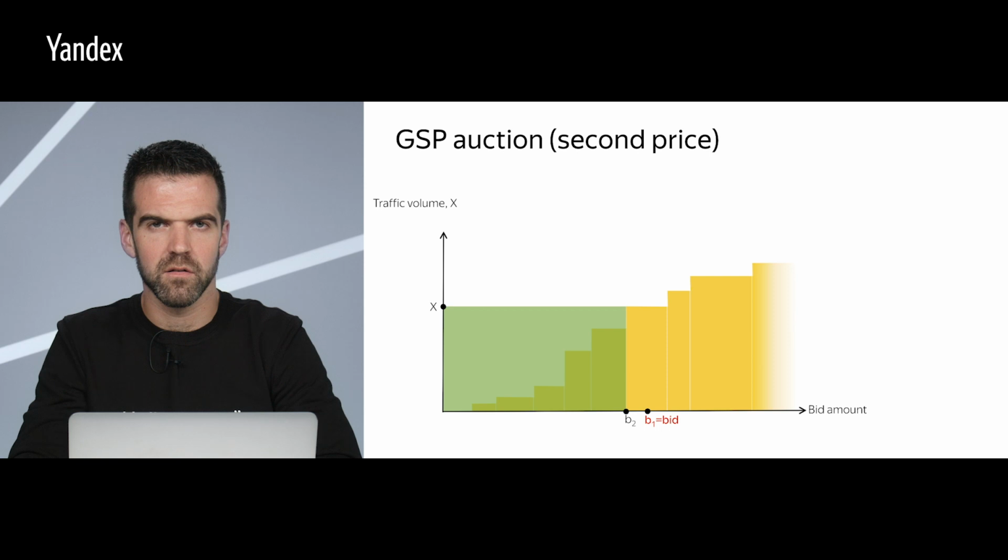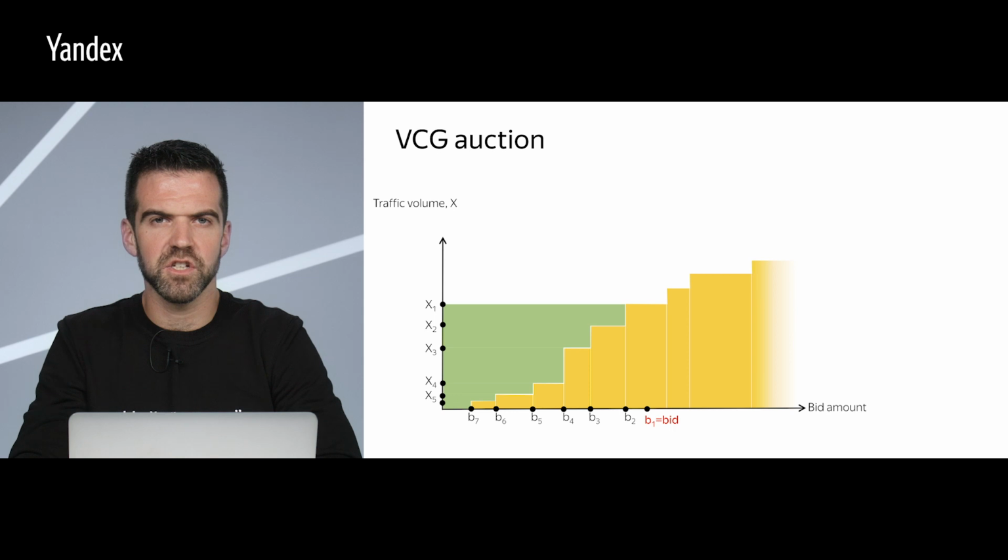The higher the bid, the more traffic the advertiser receives. The advertiser sets a bid with a value of B1, and in the second price auction, the click price is determined by the bid of the nearest competitor, B2. This green area is all the money which the advertiser has paid for this traffic volume.